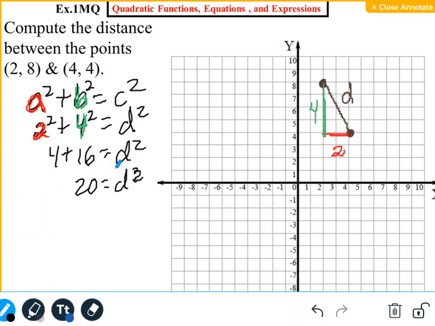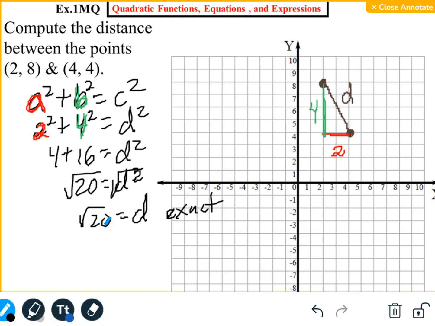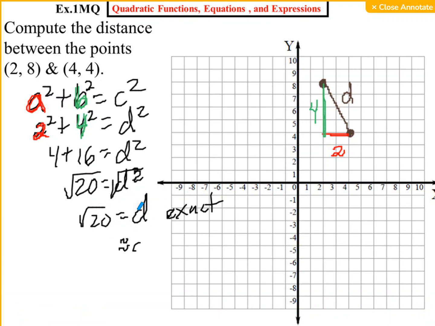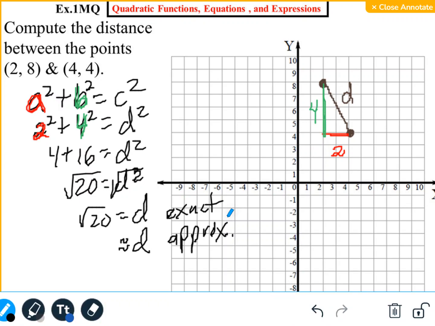How do we cancel the squared, everyone? Square root. So the square root of 20 is equal to d. And this is what? Exact. However, I want to know approximately how much is d. So find the approximation, please. Approximately, how much is that?